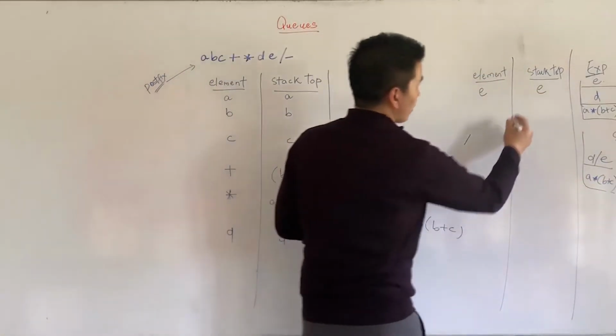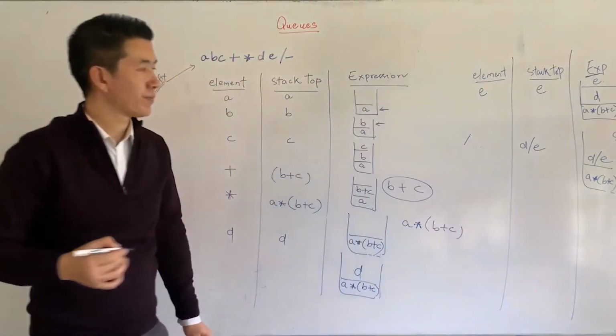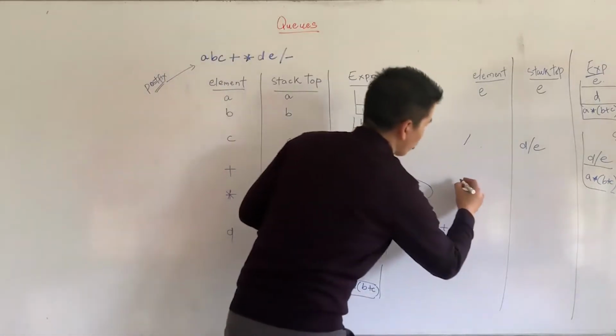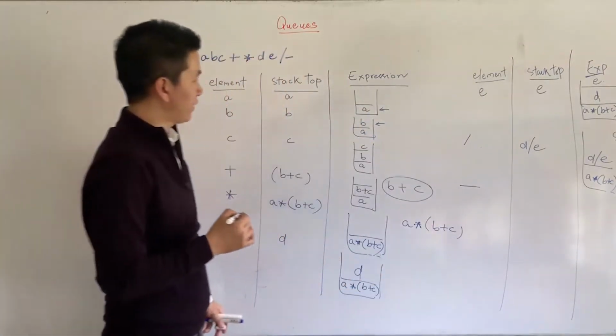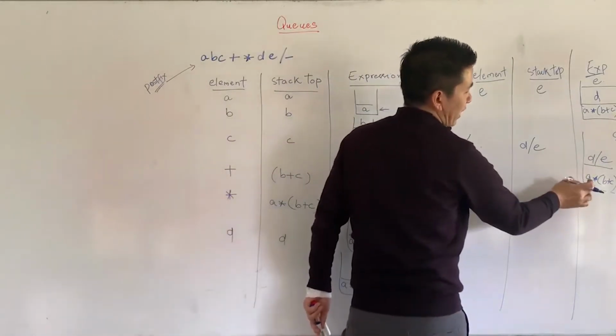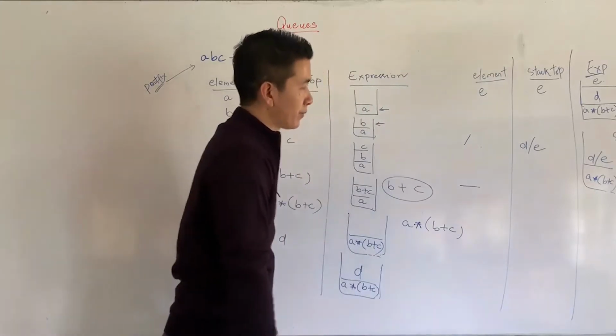And then on the top of the stack, what do you have? You have D divided by E. And then finally we have the subtraction operator. So you have two remaining elements, the first element and the second element.